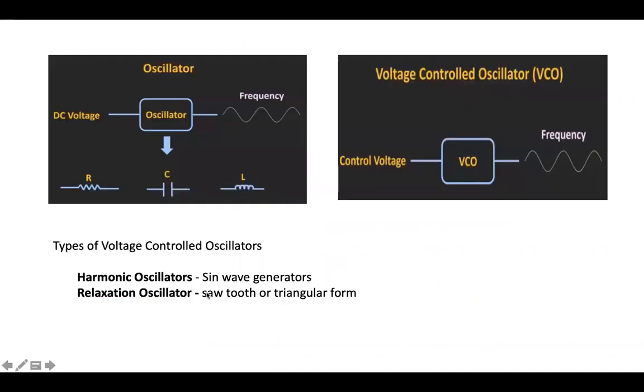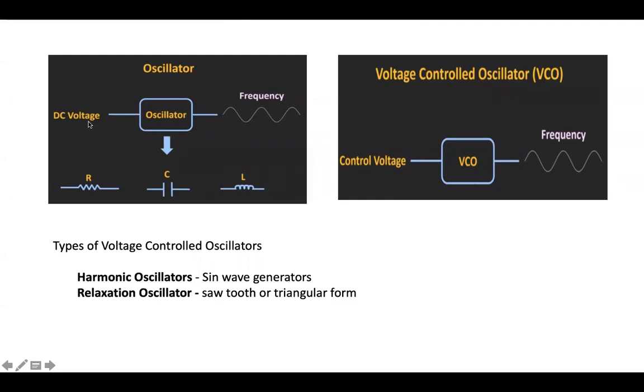Okay, so you can look at these diagrammatic representations of an oscillator and a voltage controlled oscillator. In a conventional oscillator, I'll have to use R, C, and L. In a voltage controlled oscillator, I just need a control voltage. It's connected to the VCO, and it's going to give a stable output.